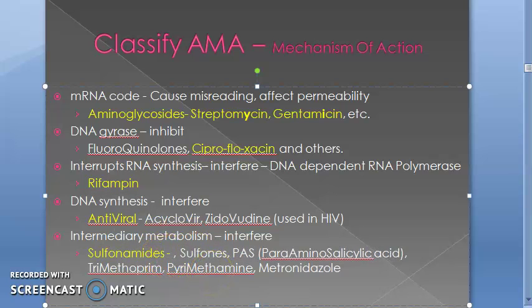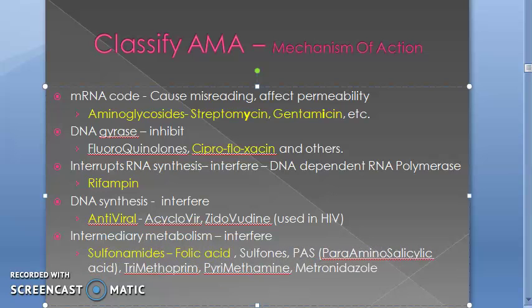Sulfonamides will interfere with what? Folic acid synthesis.